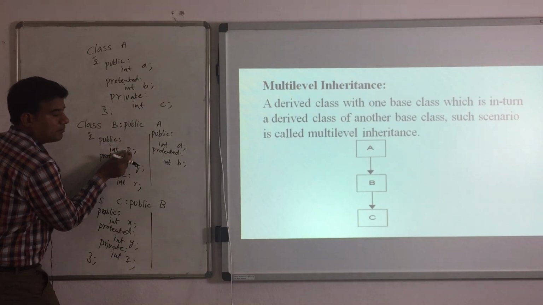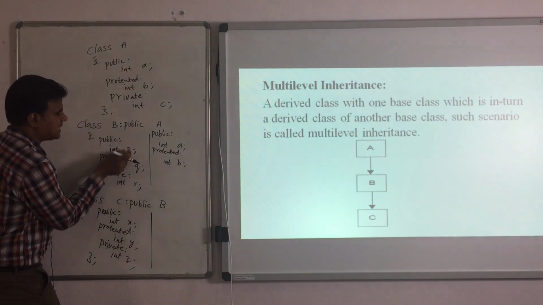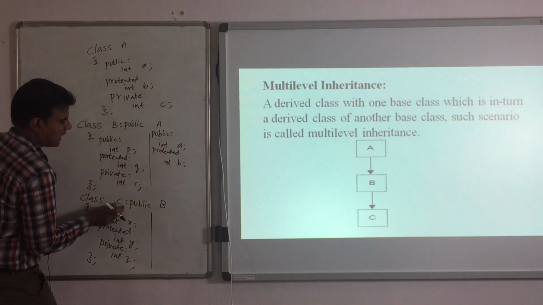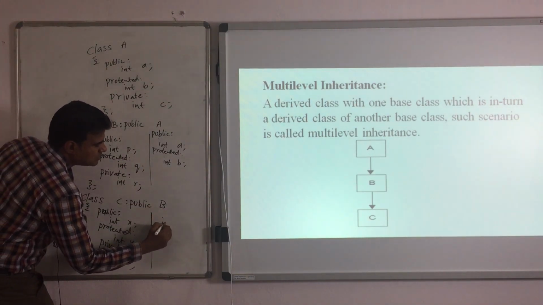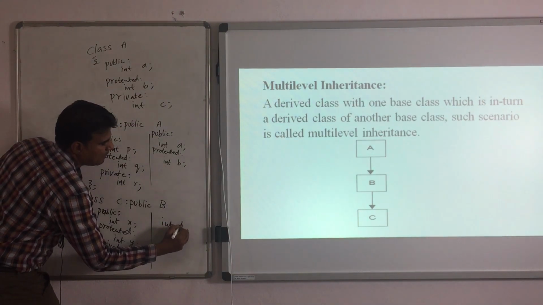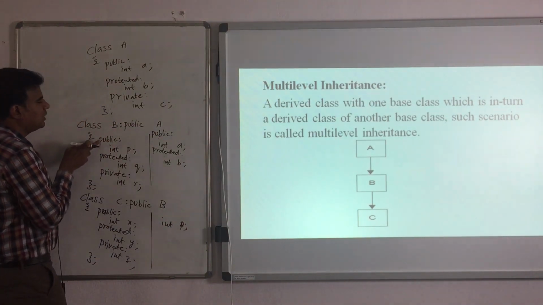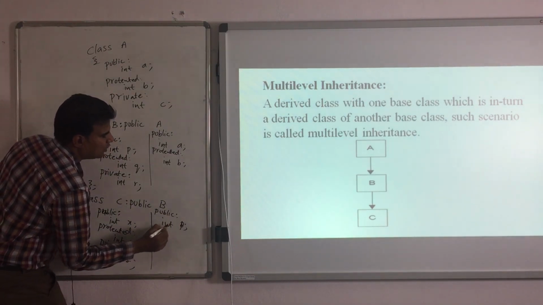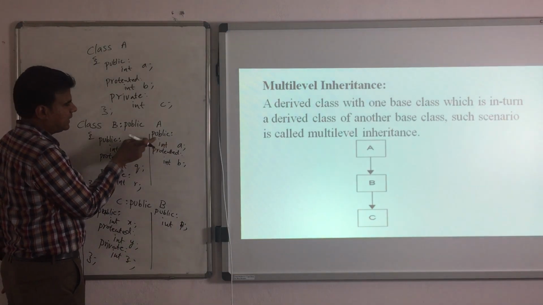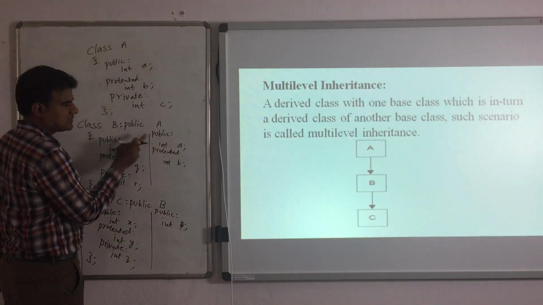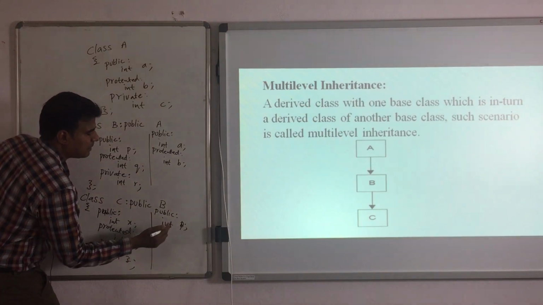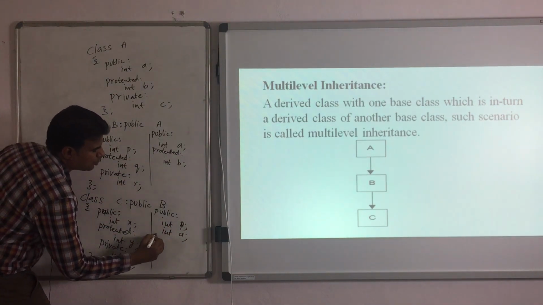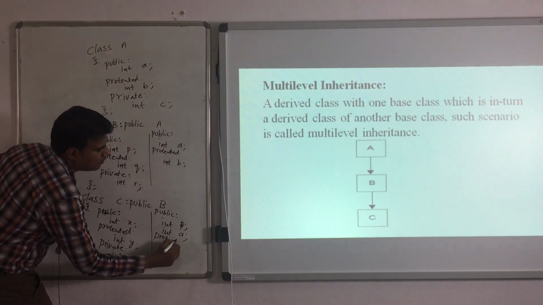So whatever access modifier P has in the base class, it will remain the same in the derived class. So int P, as it is public in B class, will remain public over here. This A is also public in the base class, and it will remain public only over here, int A. Next, protected.